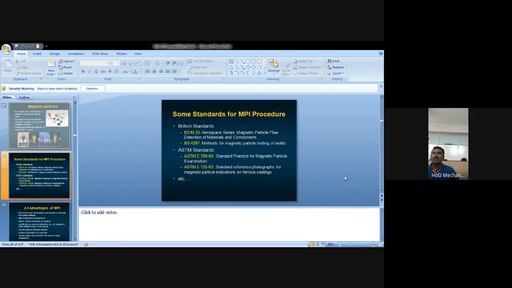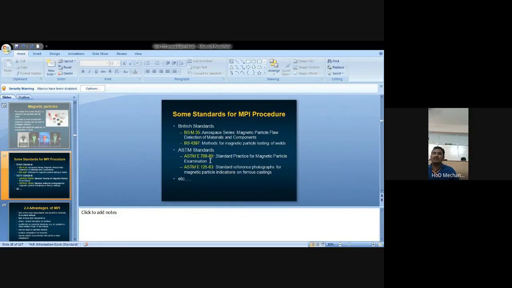And they follow some standards for the MPI procedure. One is the British standard, DTD 5.35, used for aerospace series magnetic particle flaw detection of materials and components. BS 4397, the method for magnetic particle testing of welds.